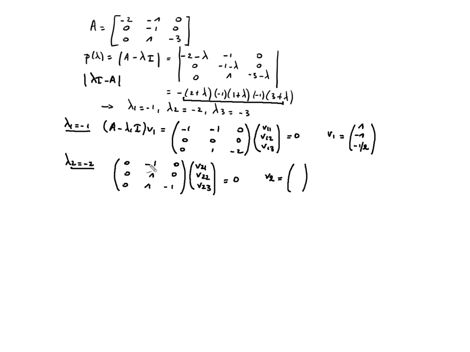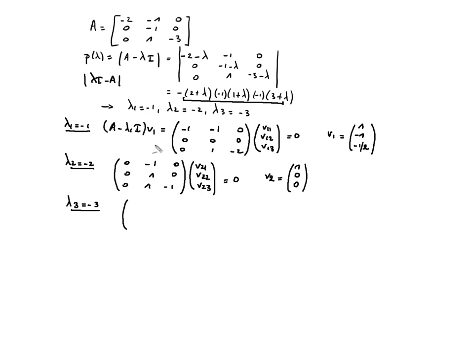The first equation tells you that the second element is 0. The last equation tells you that if the second element is 0, the third needs to be 0 as well, so we can inject a 1 over here. So that's our second eigenvector that corresponds to λ2 equal to -2.